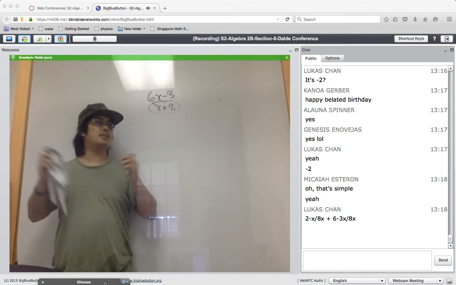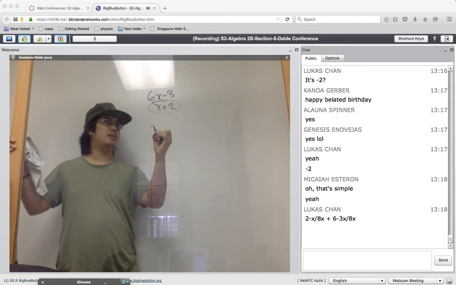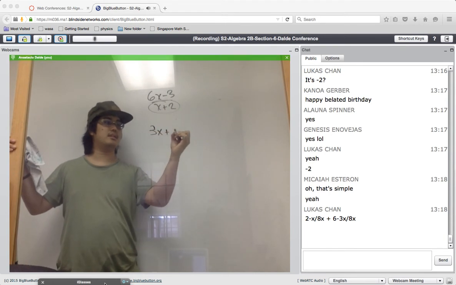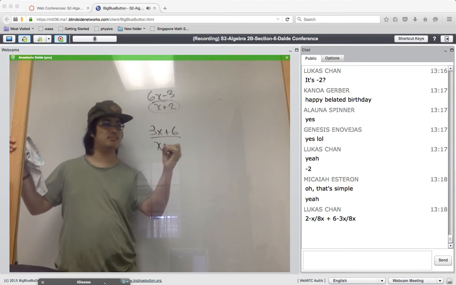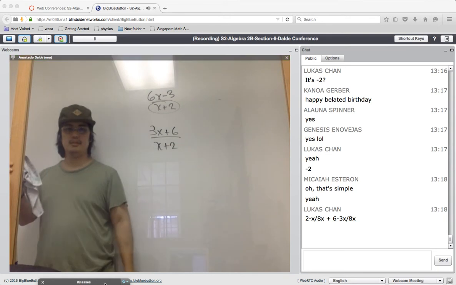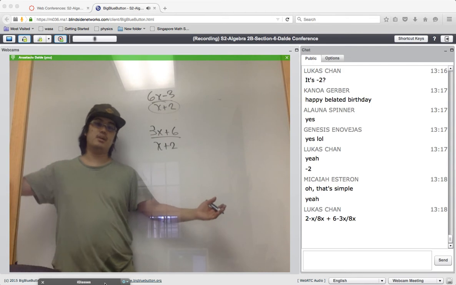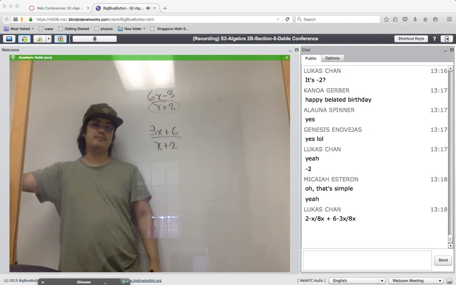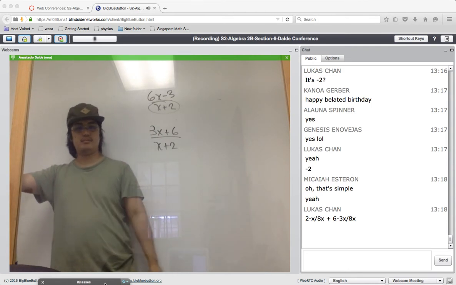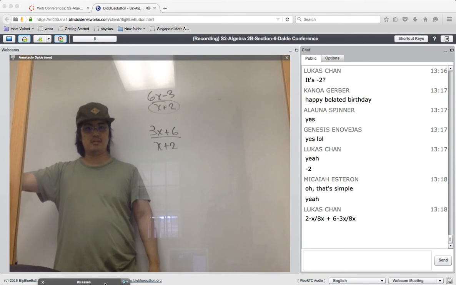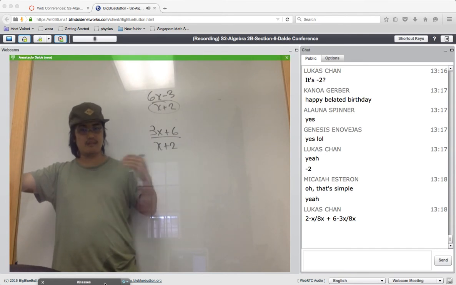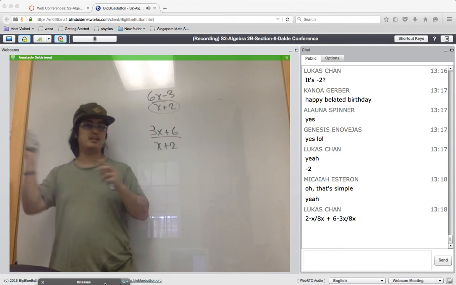What if I did something like this? 3x plus 6 over x plus 2. Okay, what is the not allowed value? What value is left out? Or where is there a vertical asymptote of this thing?